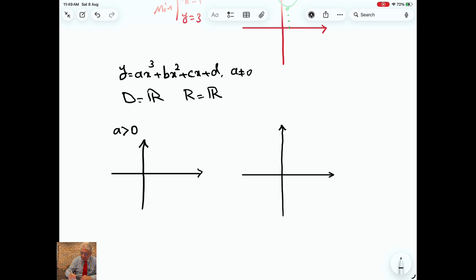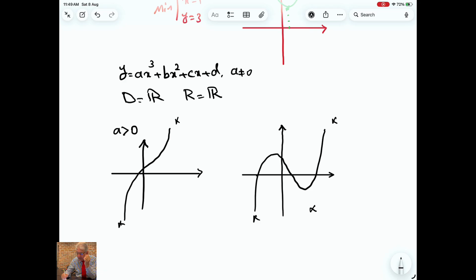One of them is like that, and another one is like that. Therefore, if a is more than 0, you start from the 3rd quadrant, from here, and finish in the 1st quadrant. If you are sure your graph has 3 roots, it is like that.